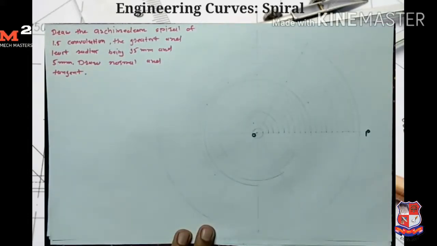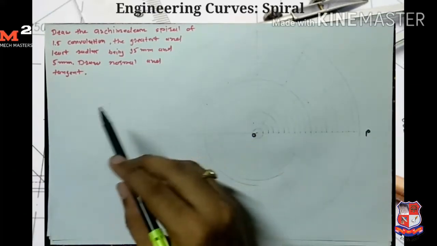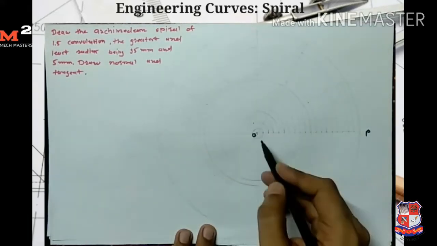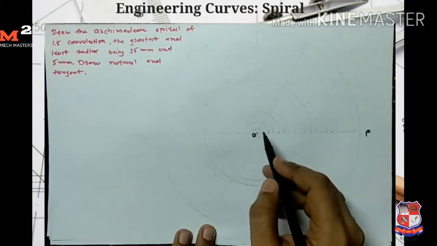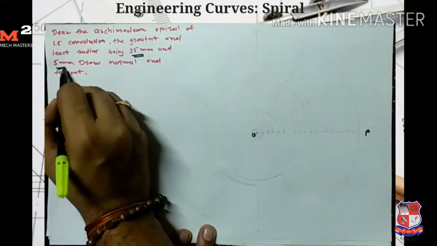So here there are two radii given. The greatest radius means point P to O, and the second radius is 5 mm, which is away from the point O. So first I draw two concentric circles, the first with a 95 mm radius and the second with a 5 mm radius.